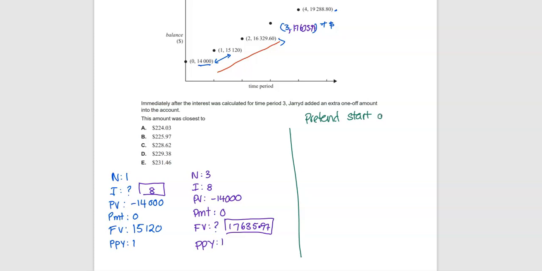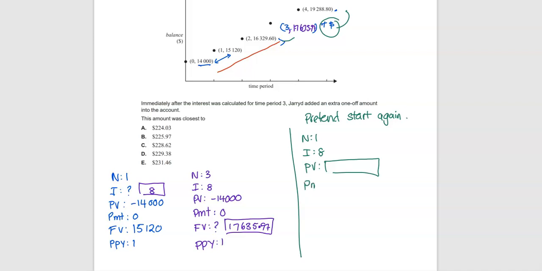So if we pretend to start again, I'm going from here to here. So I know it's one time period. The interest rate has stayed the same. Now I'm just going to say PV. I don't know what the PV is because the PV is the third year amount plus the extra. So that's what I'm going to find out.